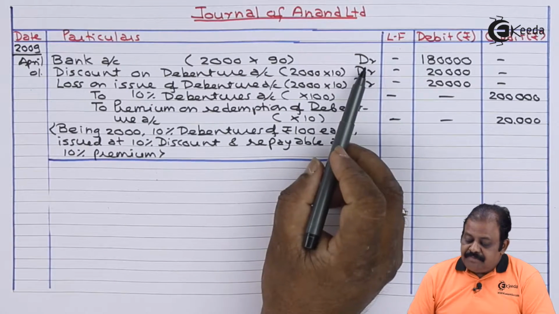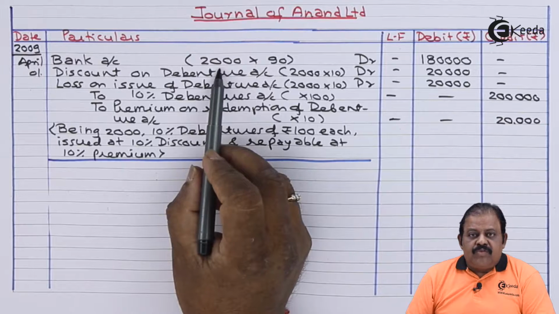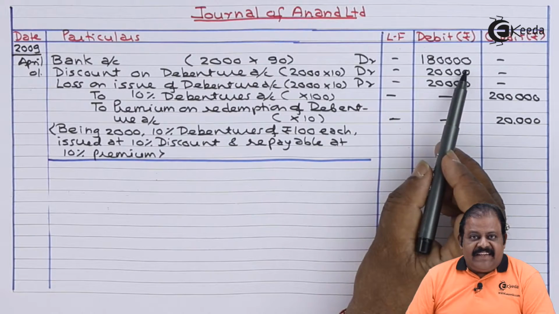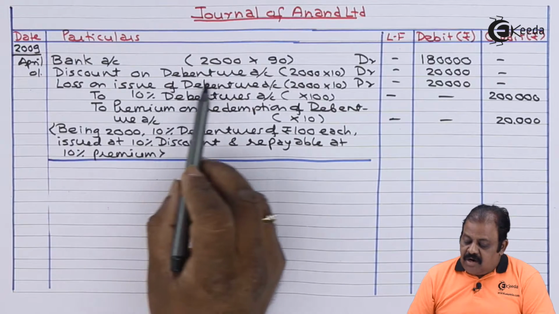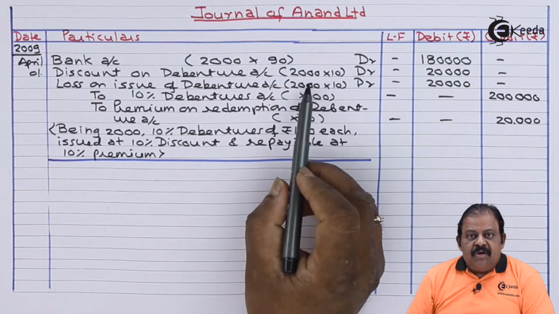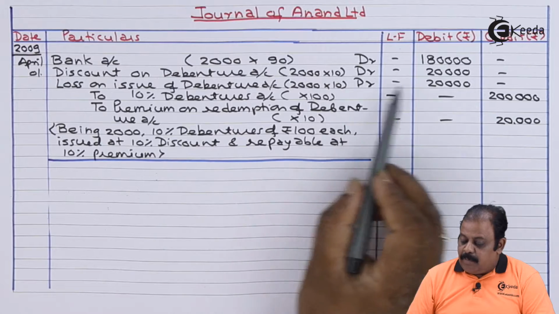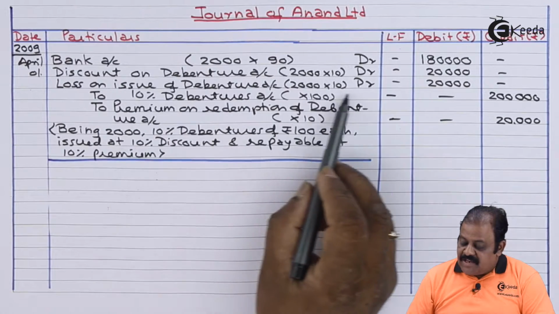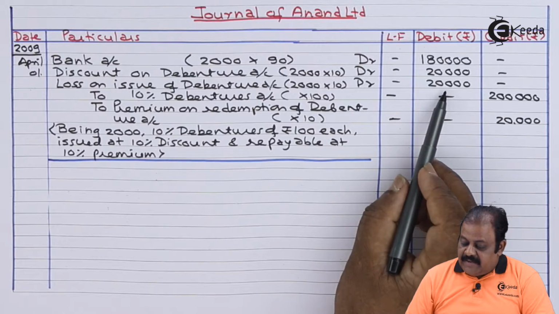Bank account debit on 2000 debenture, per debenture 90 rupees received, 1,80,000. Discount on debenture account debit on 2000 debenture 10 rupees, that is 20,000. Loss on issue of debenture account debit 20,000.